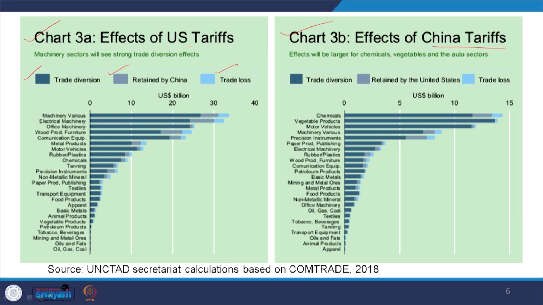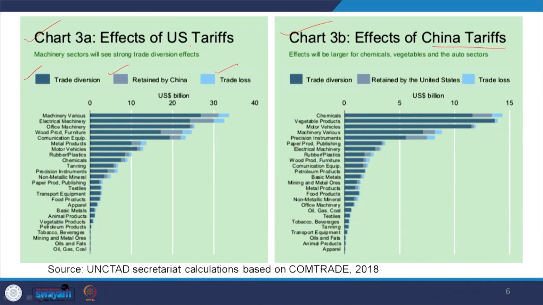In case of US tariff, it is clearly understood that in machineries or electrical machineries the trade diversion is the highest, because US has restricted a huge number of imported goods with higher tariff for Chinese products.